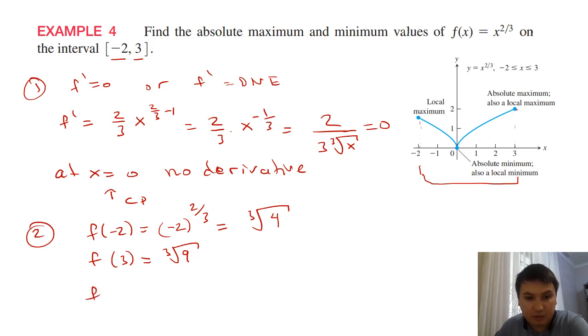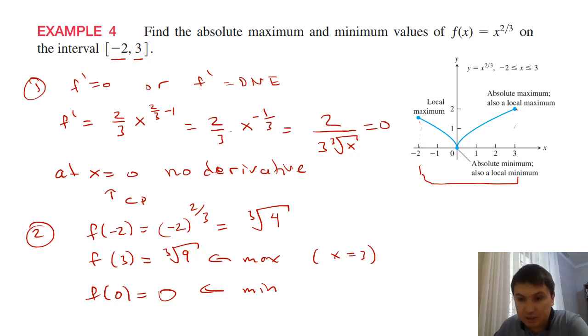And f of 0 is simply 0. Right, clearly this is my maximum, this is my minimum. So x equal to 3 is the place where I get the maximum, and x equal to 0 is where I get my minimum. Okay, so I'll stop here.